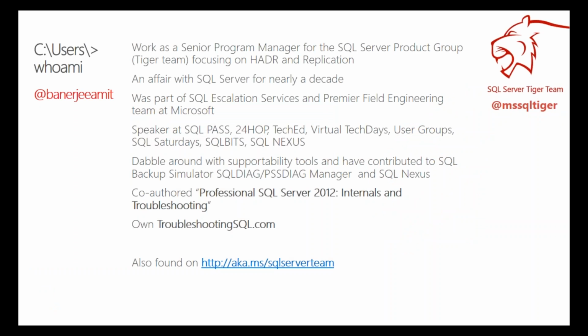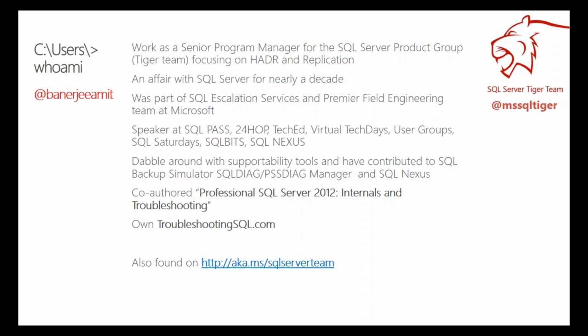All the enhancements that we're doing for the SQL Servers that you're running in your current environments, you would see them on our blog, aka.ms/SQLServerTeam, or you would learn about them through the service pack and cumulative update announcements that we do on our SQL Server Release Services blog. I've been a speaker at various events. I currently work on the HADR and the replication technologies on SQL Server.